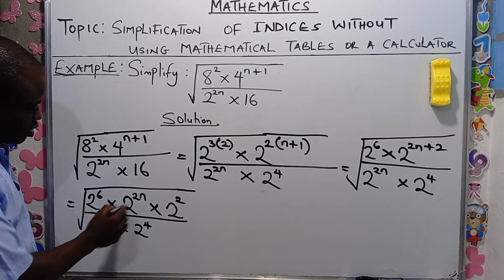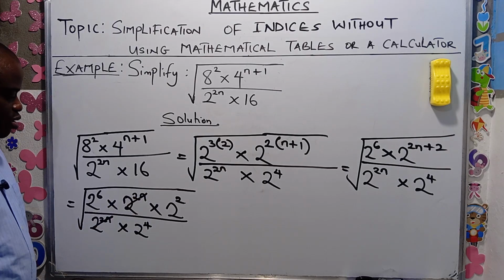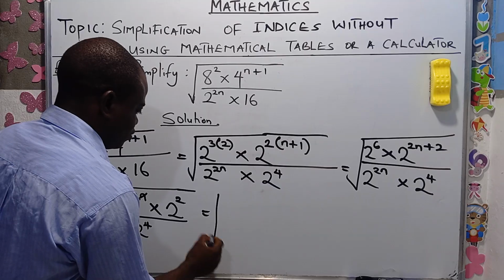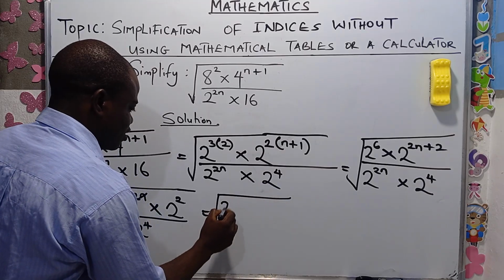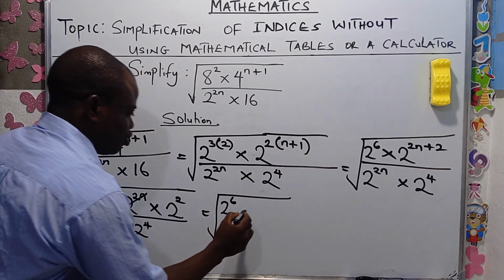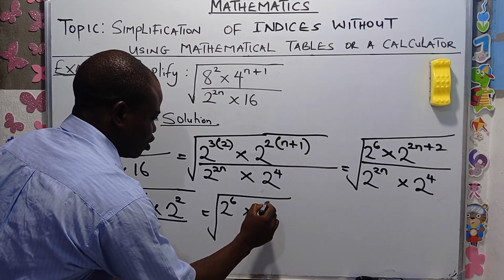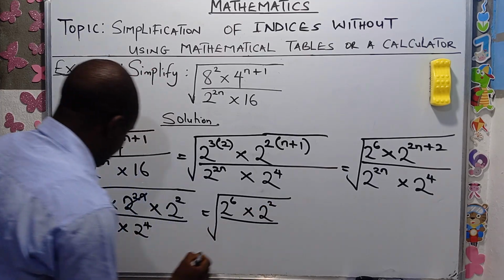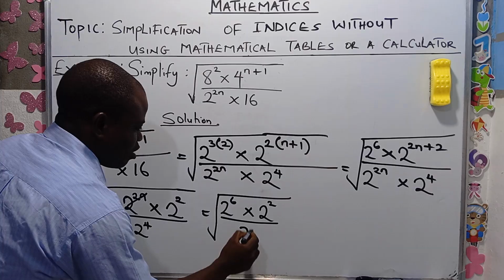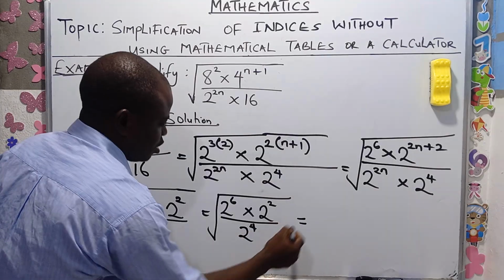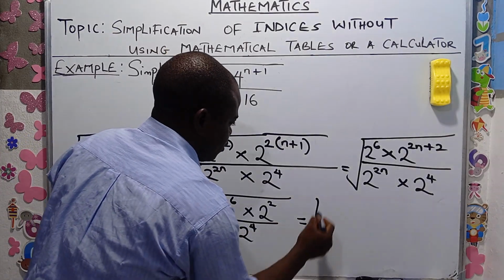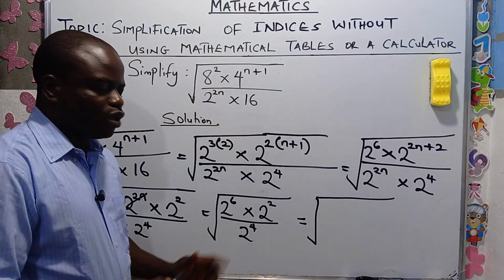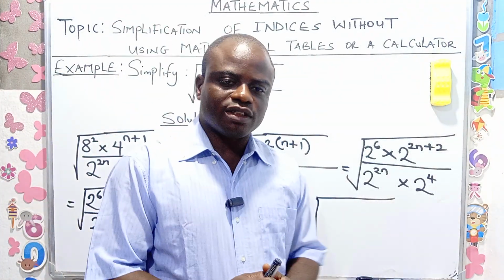Now you can see what can cancel out. 2 raised to power 2n will cancel 2 raised to power 2n. You are left with 2 raised to power 6 multiplied by 2 raised to power 2, over 2 raised to power 4. Now at this point, we are going to apply the laws of indices.